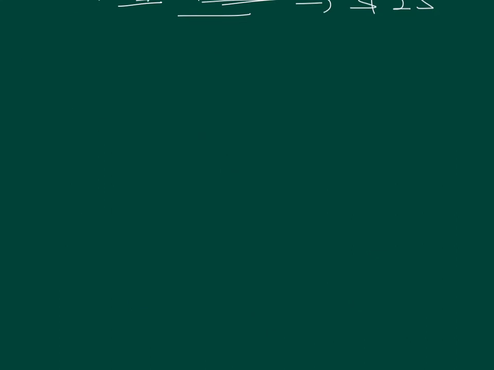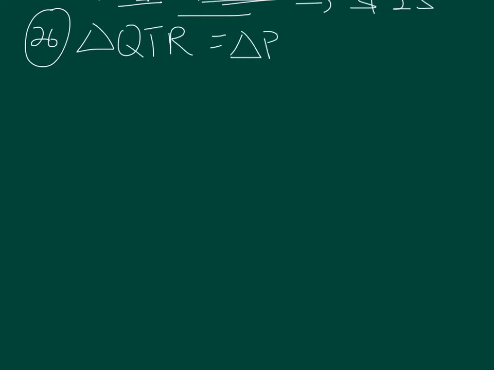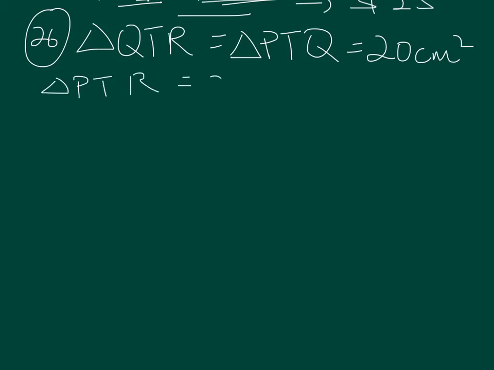Okay, we move on now to question 26. Looking at the diagram, we know that triangle QTR is equal to triangle PTQ, which is equal to 20 centimeters square. Triangle PTR would be 20 times 2, which is 40 centimeters square.